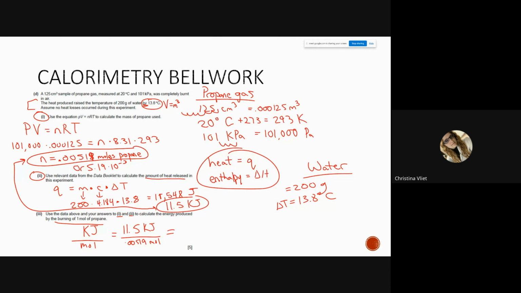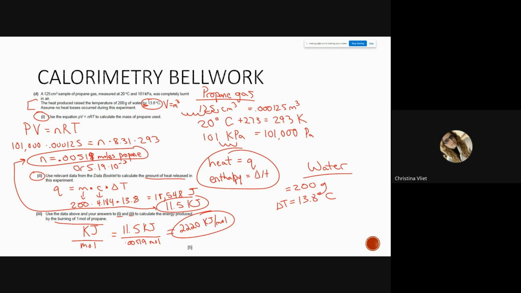Do 11.5 divided by 0.00519. And you should get 2,220 kilojoules per mole. Makes sense.